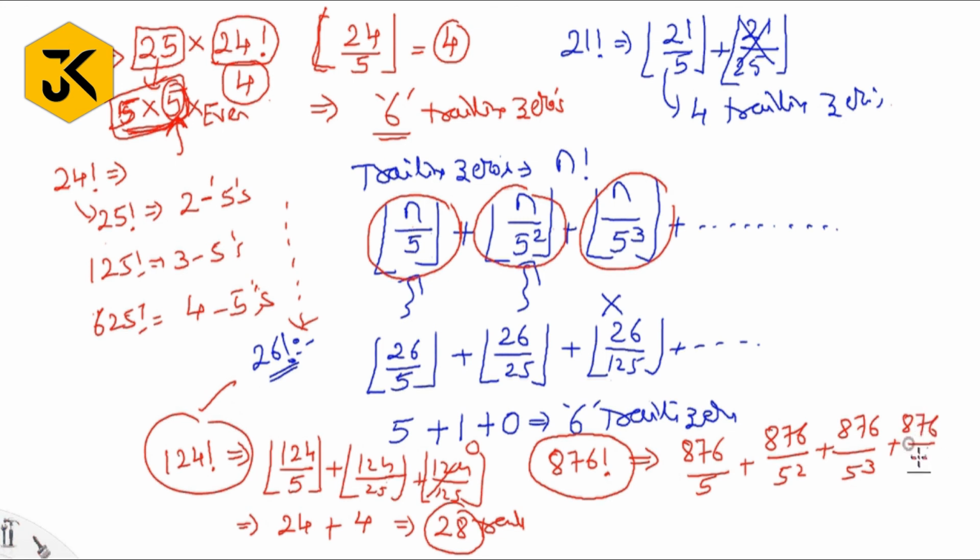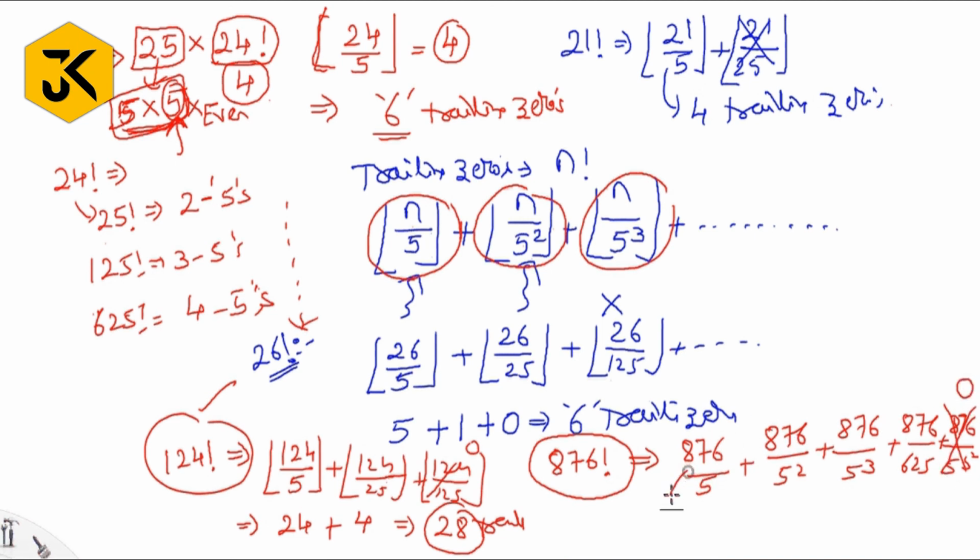Next 5 power 4, 625. If you write the next one, 876 by 5 power 5, it will exceed, so I will stop my process. Here you will get zeros.